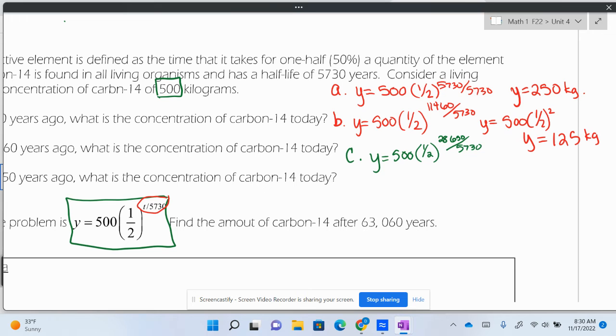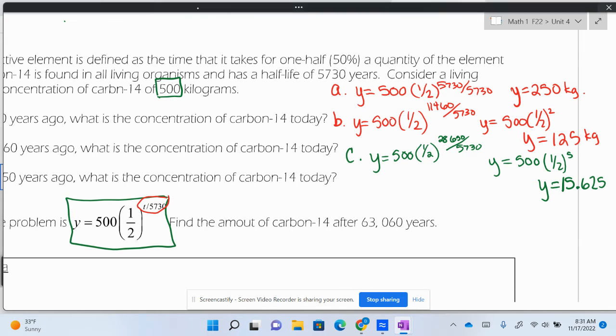What is 28,650 divided by 5,730? 5. So y equals 500 times 1/2 to the fifth power. Well, 1/2 times 1/2 times 1/2 times 1/2 times 1/2 is 1/32. So 500 divided by 32 is 15.625, right?